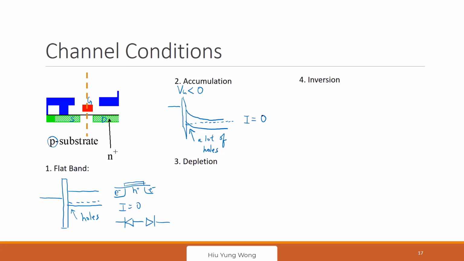Because it's still NPN. Okay, good. Then how about I go in the other direction? I make Vg larger, but it's still smaller than Vth.